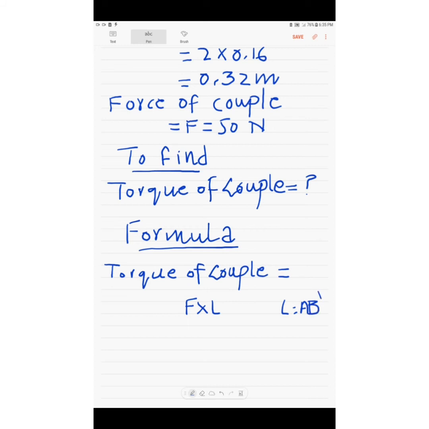If two forces are applied, one at point A, other at point B, so L here is representing the perpendicular distance between the forces. Now put the values. F is 50 Newton, L is 0.32. You will get the answer 16 Newton meter.